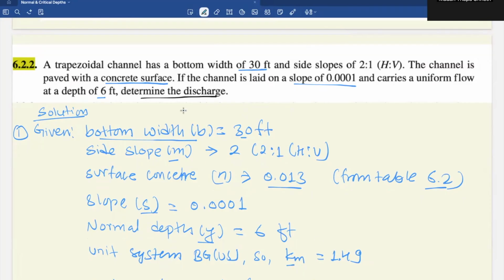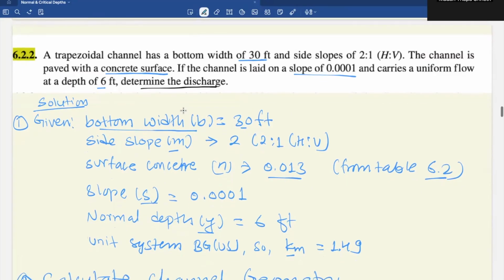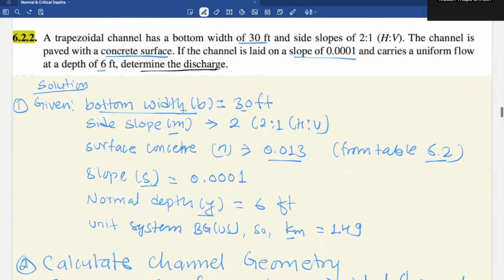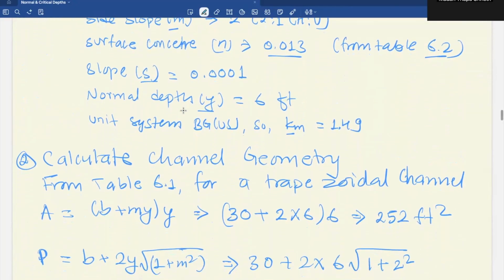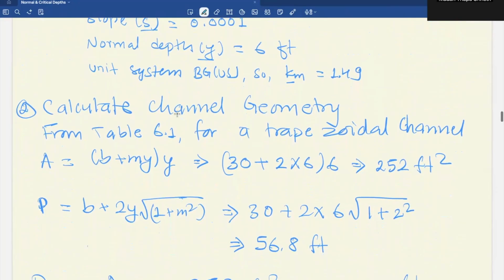Here we just need to find the discharge value. Let us first compute the area and wetted perimeter, then we can compute the discharge. From table 6.1 for a trapezoidal channel, the area is equal to (B plus my) times y.